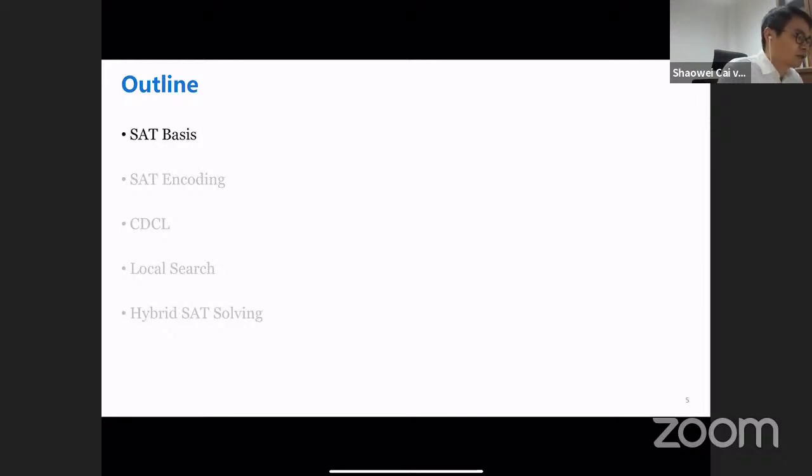The second part is about encoding, because when we try to use SAT solvers to solve a problem, we need to encode the problem into a SAT format. So this part is about how to use a SAT solver. The following three parts are about the solvers, including the two popular methods, CDCL and local search. And the final part is about how to combine these two methods.